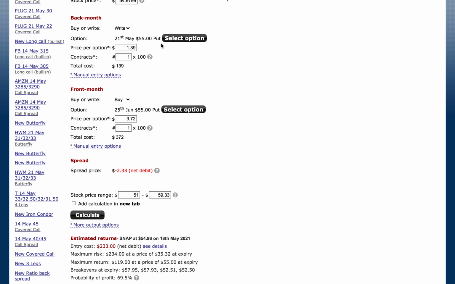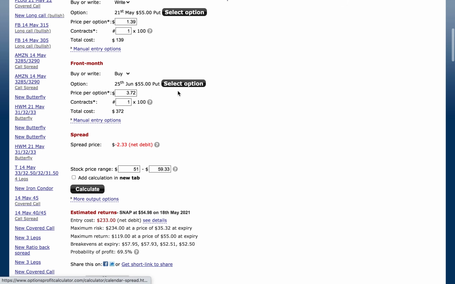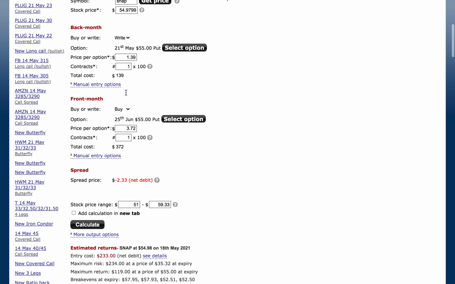And so even though each day that this trades sideways, for example, we are losing some money due to theta decay in the put we bought, we're making a lot more money from the theta decay of the put that we sold. So this is a theta gain strategy. We are profiting from theta decay.